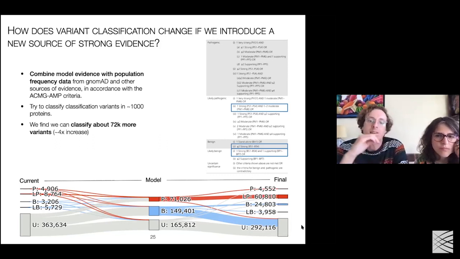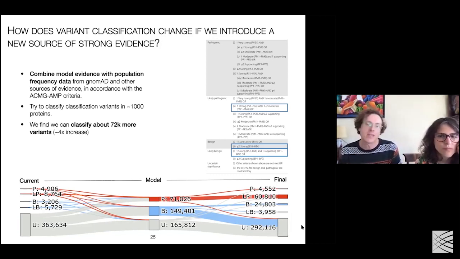This is nothing to do with the model. It is not an asymmetry of the model, but an asymmetry of the classification process: it's much easier to find evidence that a variant is pathogenic than it is to find evidence that a variant is benign.